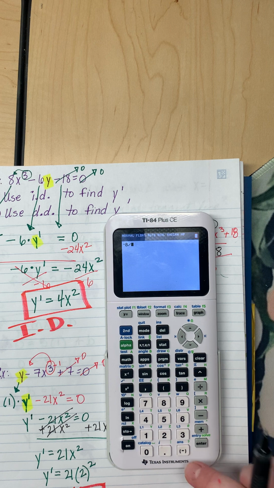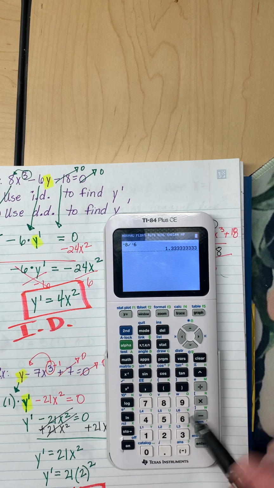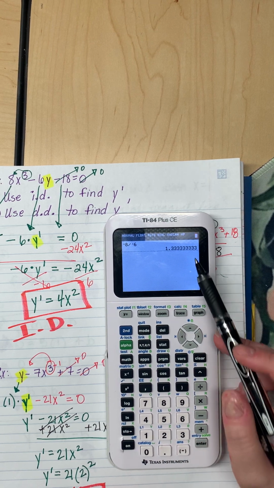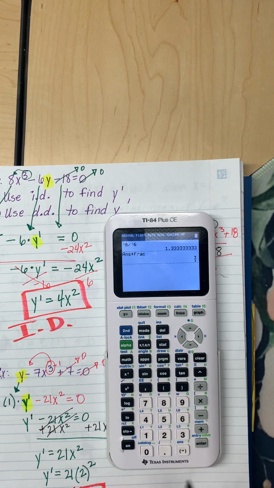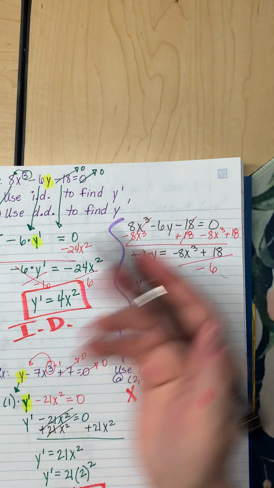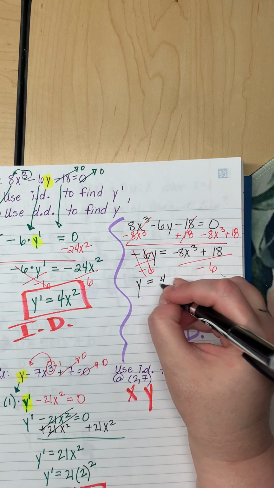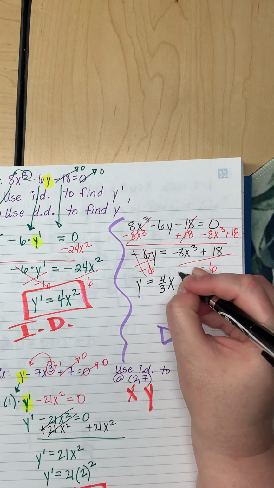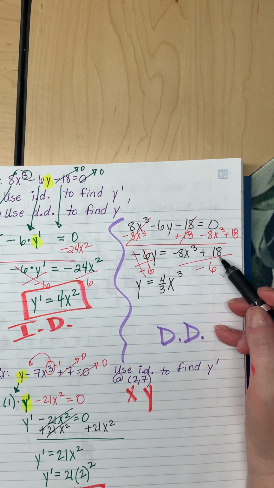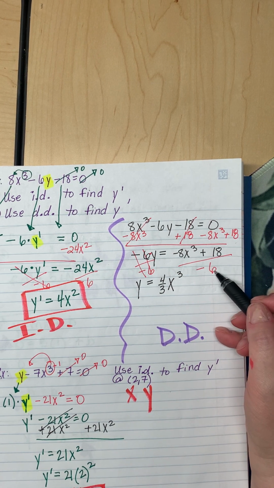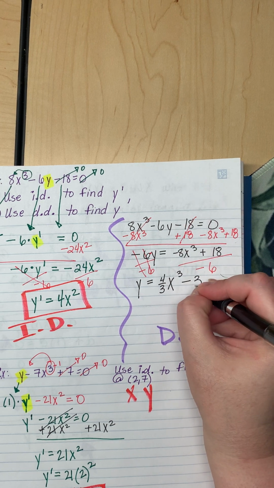Oh, it's not a pretty decimal, so I'm not okay with writing that down. Let's press math, enter, enter: 4/3. So this is 4/3 x to the 3. And then now let's divide this 18: 18 divided by negative 6 is negative 3.